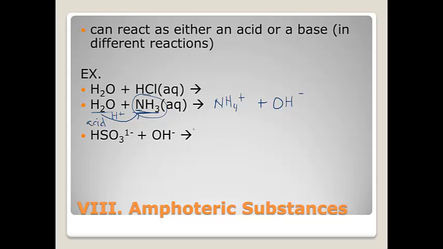Okay. Now, we don't have water here, but this is another amphoteric substance. This is the bisulfate ion. It can give up an H plus there, and you end up with SO3 minus and H2O. Okay, so in that case, it's acting as an acid. Okay, is it amphoteric? Yeah. Why?